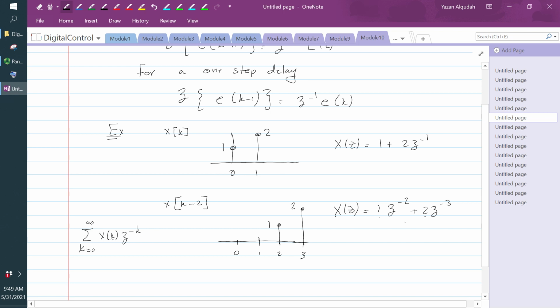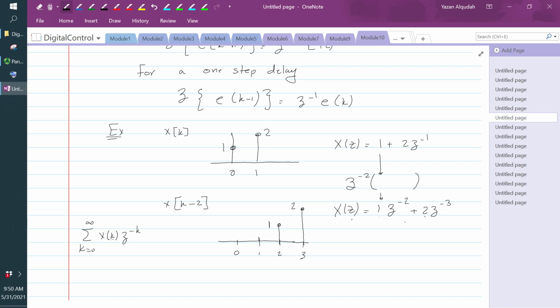Now if I compare this x of z that I got for the shifted signal and the x of z of the original signal, what do I notice? If I take this x of z and multiply it by z to negative 2, I'm going to get this x of z. So therefore, if I shift the signal to the right by 1, I will multiply by z to negative 1.